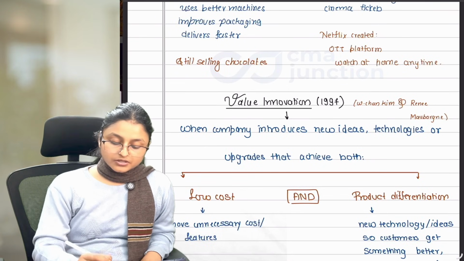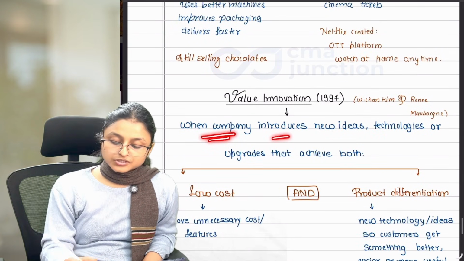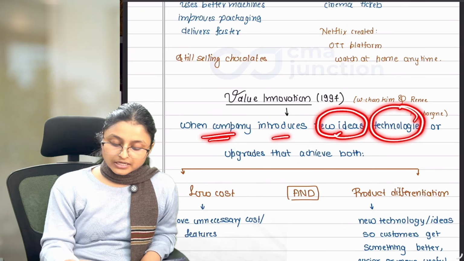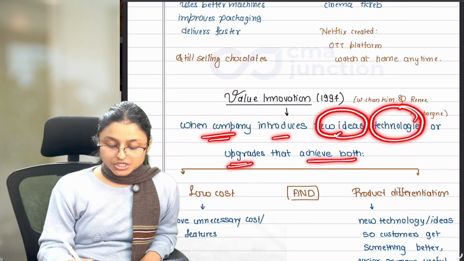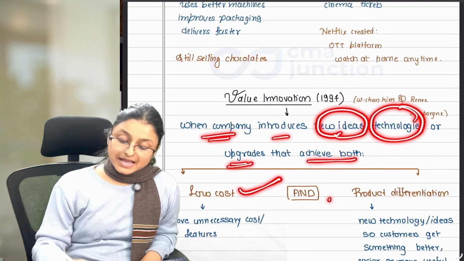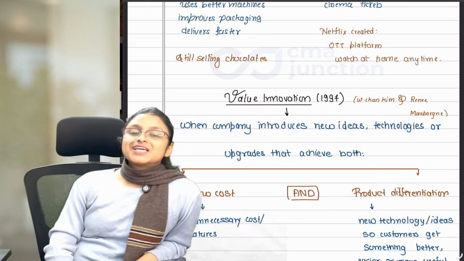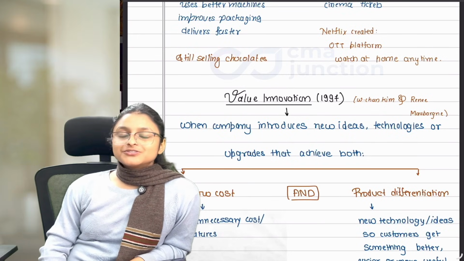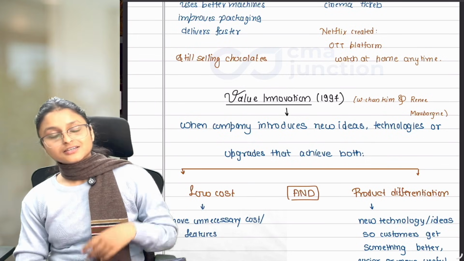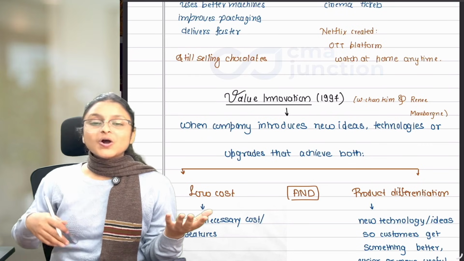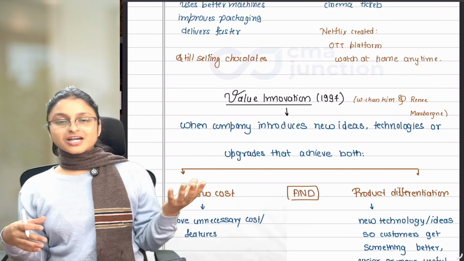Now, what is value innovation? When a company introduces new ideas, new technologies or new upgrades which achieve both low cost and product differentiation. In strategy, we understood that we can have either a low cost strategy or a product differentiation strategy.